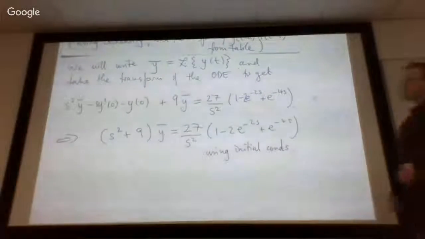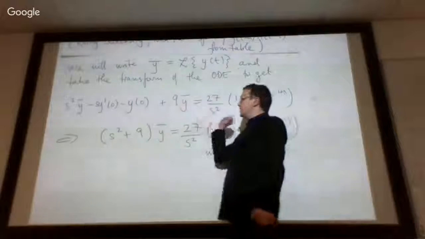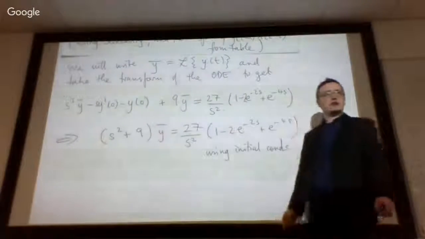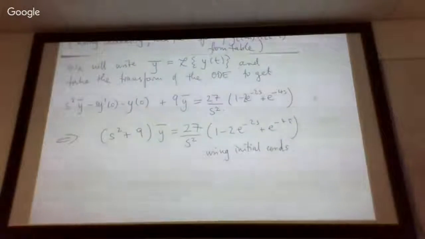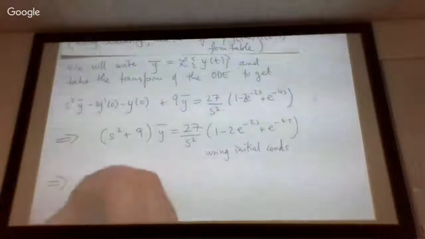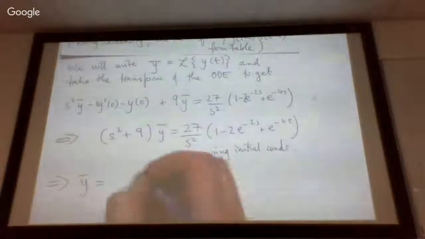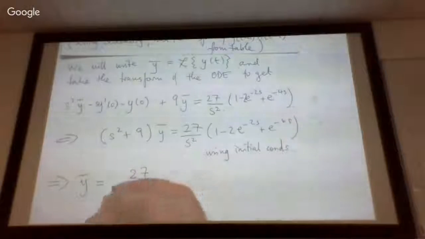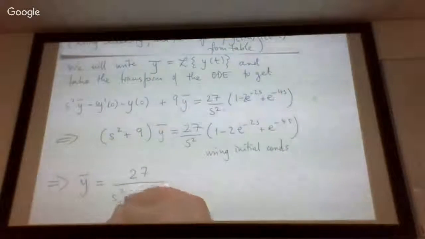So now this equation only has the unknown function y bar in it, plus some algebraic terms in terms of s and some exponentials of s. So we can go ahead and solve this now for y bar. So that won't be too taxing. We just divide both sides by s squared plus 9.